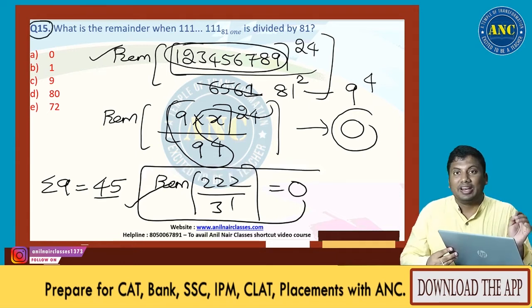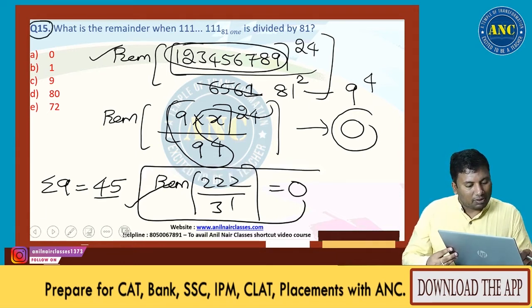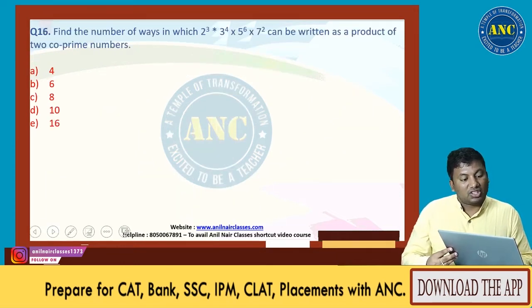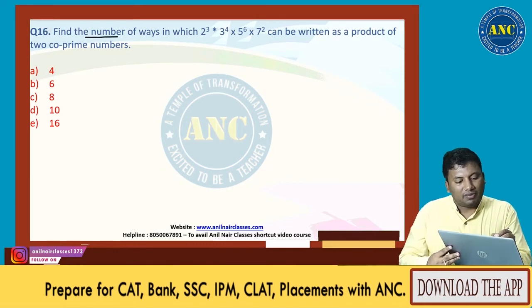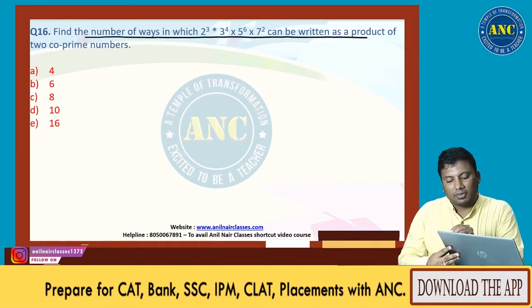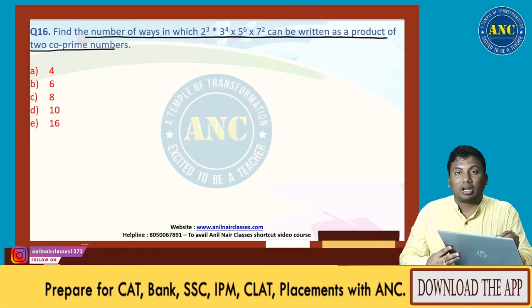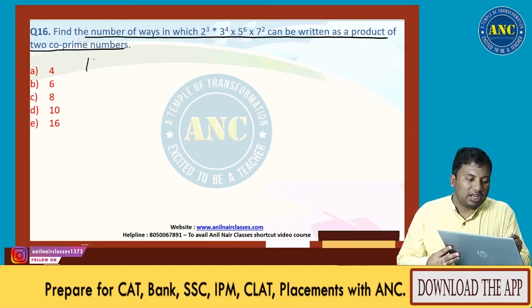Question number 15, traditional method and the optimal method. Question number 16, find the number of ways in which this number can be written as a product of two co-prime numbers. Again an important key point.